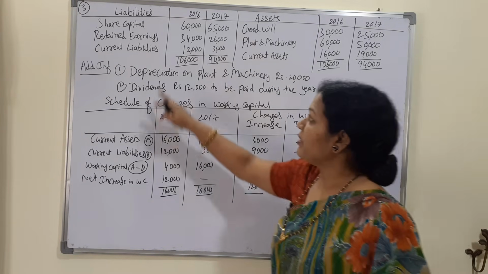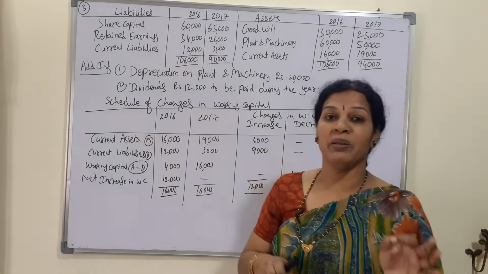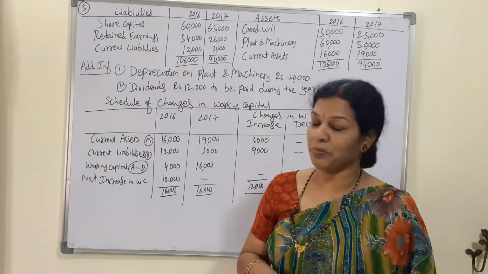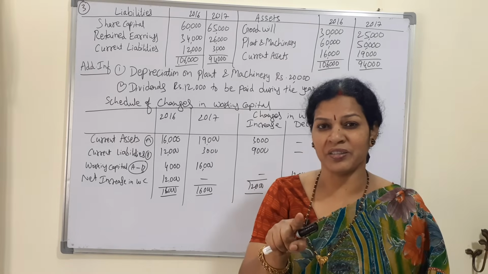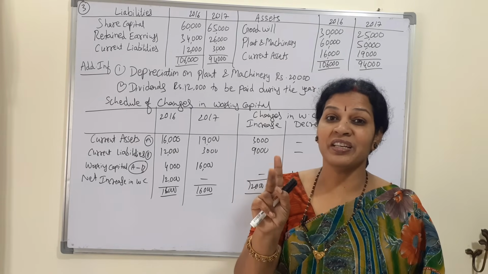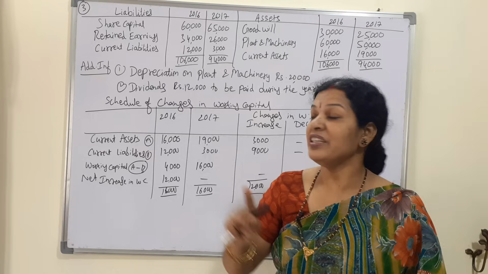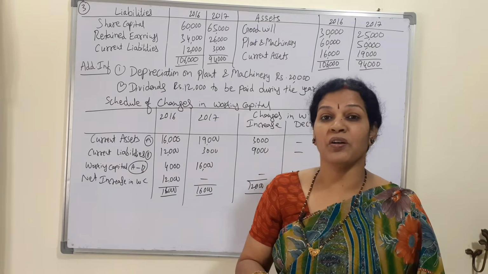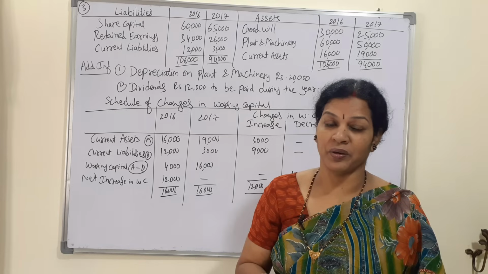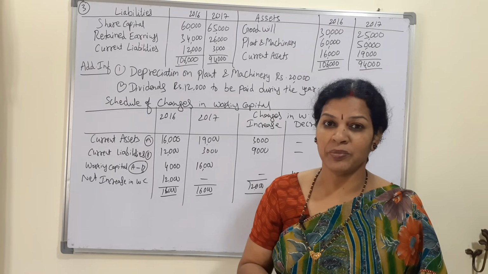Next, coming to the liabilities, share capital will be in the fund flow statement. Retained earnings: when the profit and loss account is not given, you have to see the retained earnings. We take the opening and closing balances of retained earnings into the adjusted profit and loss account. Are you able to remember?